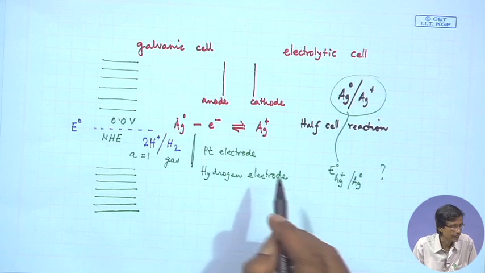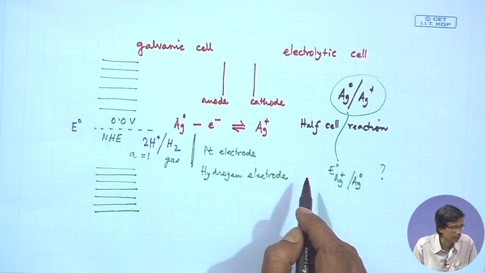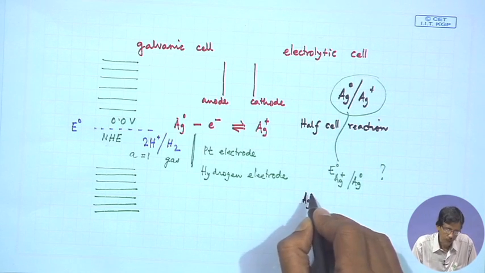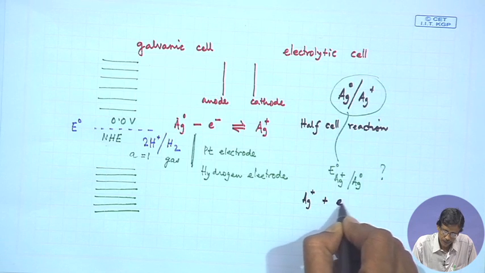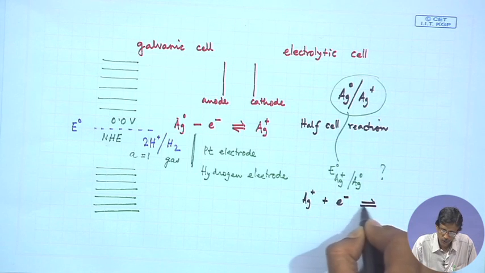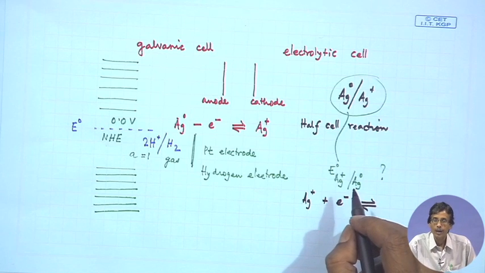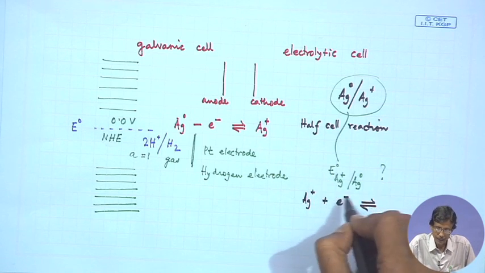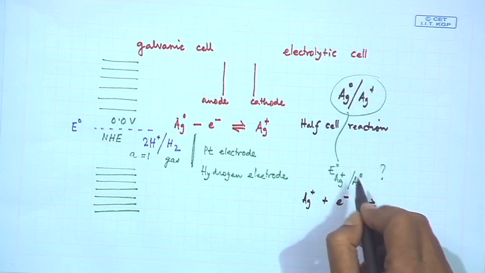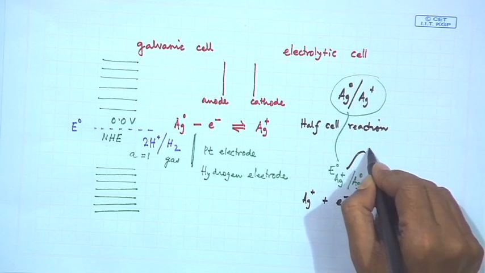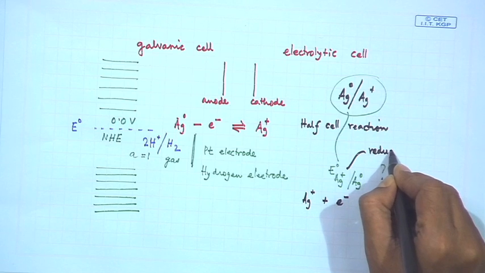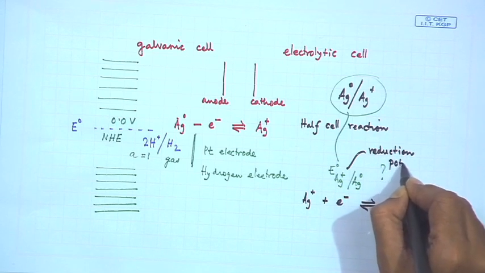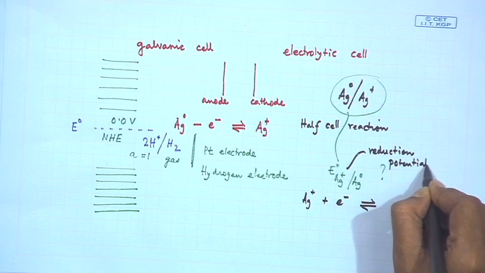So, if we connect this cell, that means the cell for your silver ion, we are talking in terms of the corresponding reduction reactions, because this is the natural or standard convention: what is reported is the reduction potential.